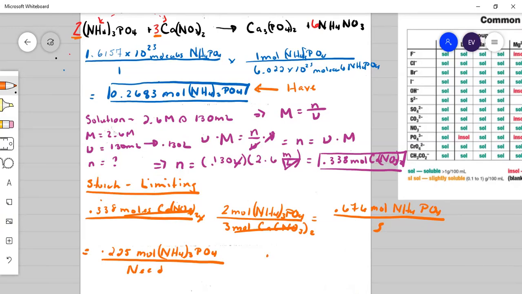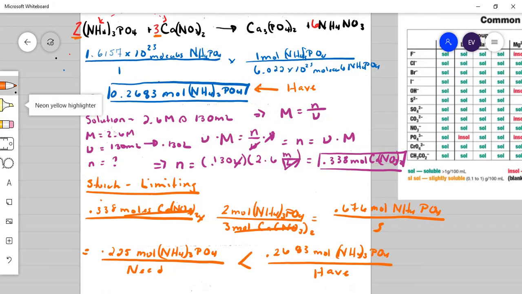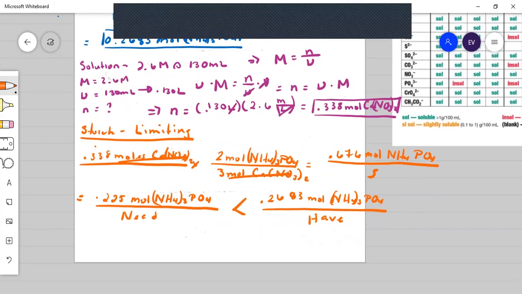So in this case, I have 0.2683 moles of ammonium phosphate. You always calculate the need, and then the given is going to be your have. In this case, I can see that my have is bigger. So what that tells me is that my have is more than my need. So I have more than I need.